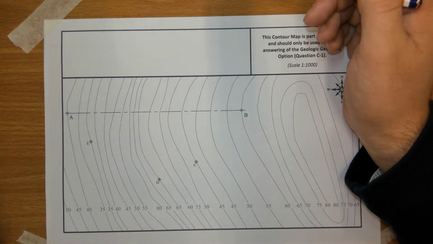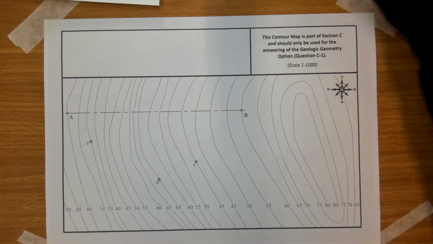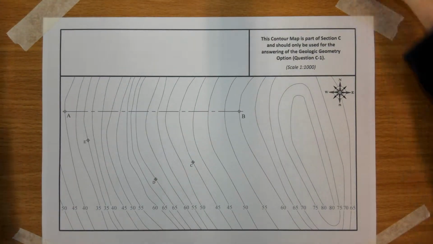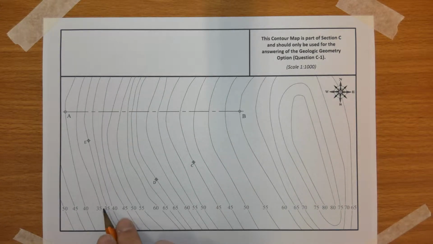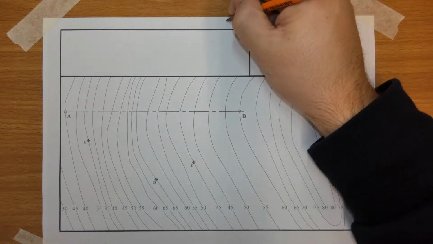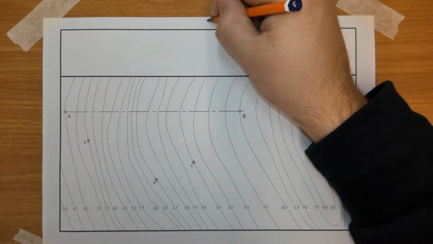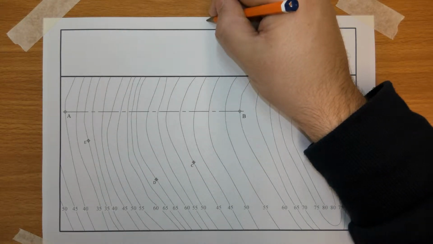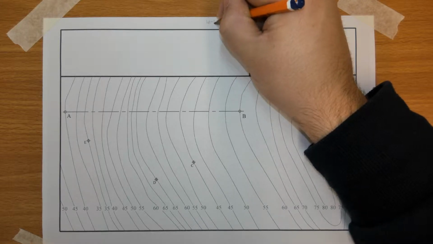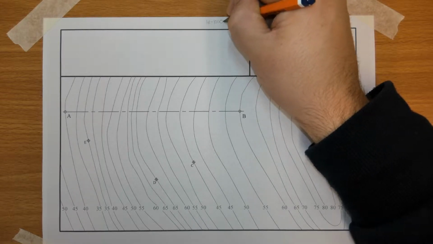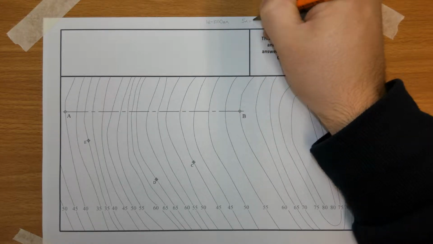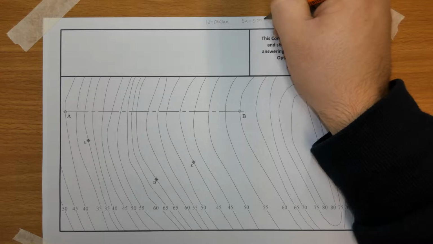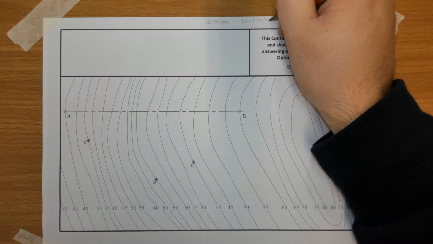This is the space we can use for our elevation. The lowest contour is at 35. The scale is 1:1000, so you want to work this out now. 1 meter in real life equals 1,000 millimeters, so 5 meters equals 5,000 millimeters.